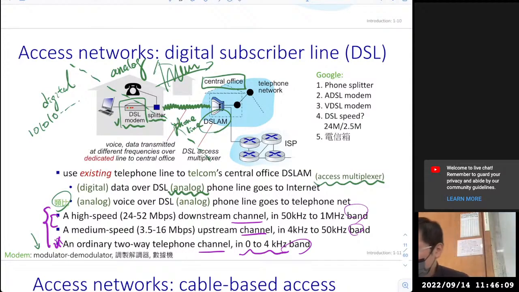So we can make a simple calculation. So that is 45 kHz, right? And 1 M is 1000 K, so that is 950 kHz. So we can see that there are two different bands.